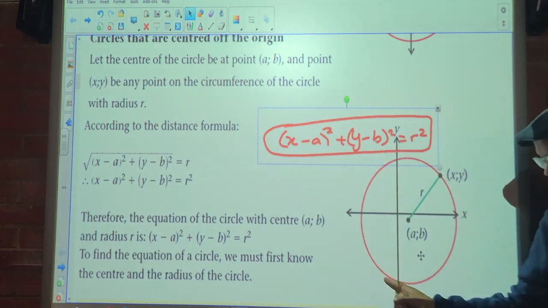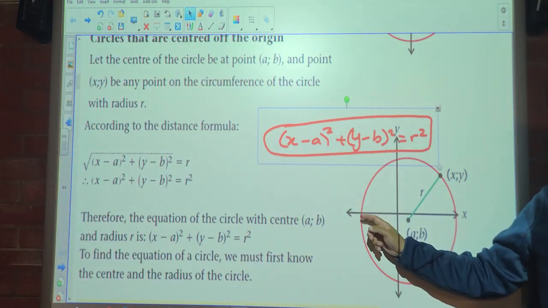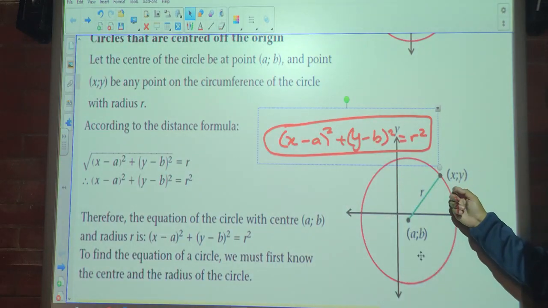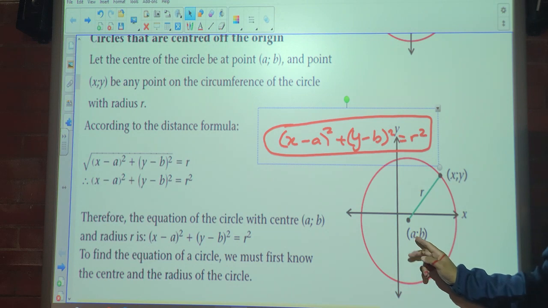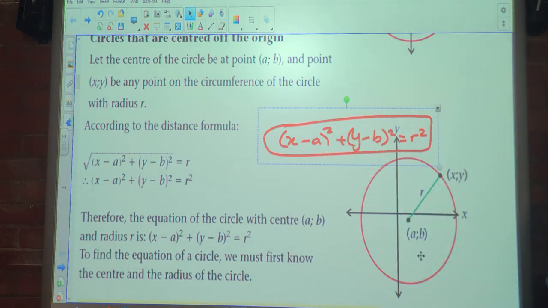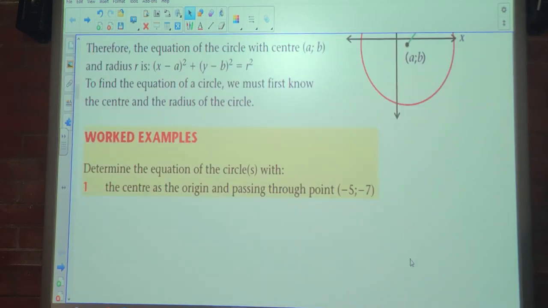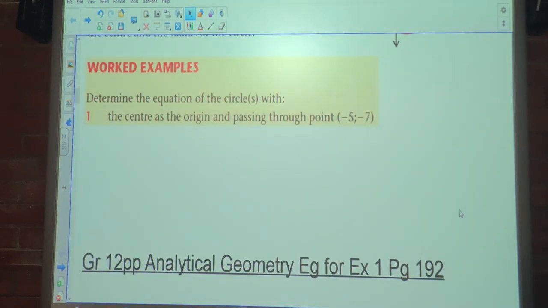If you take any point along the circumference of the circle, you consider that to be your x and y, and the center of the circle we consider to be a and b, whilst your r is the radius of that circle. People, this is example 1, and this is on page 191.